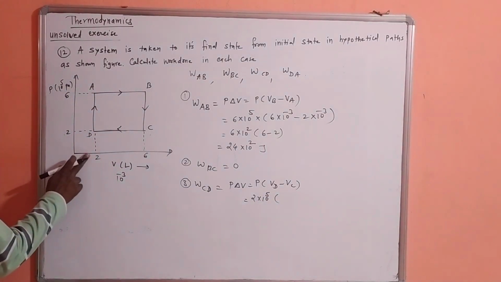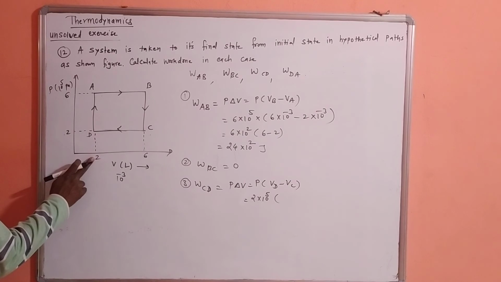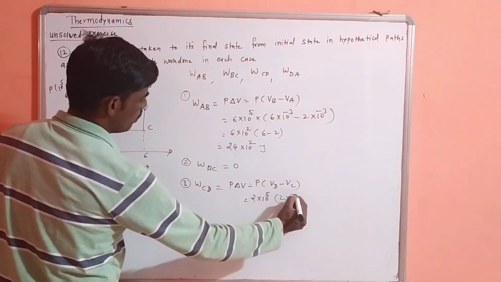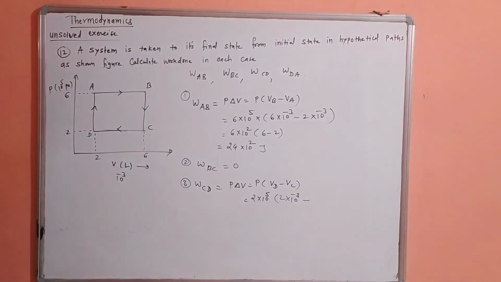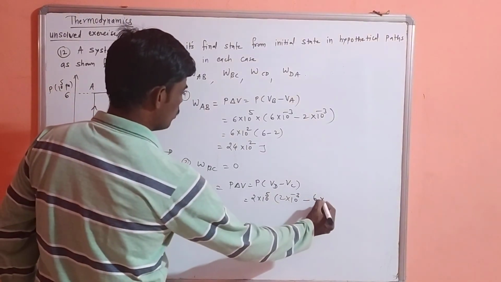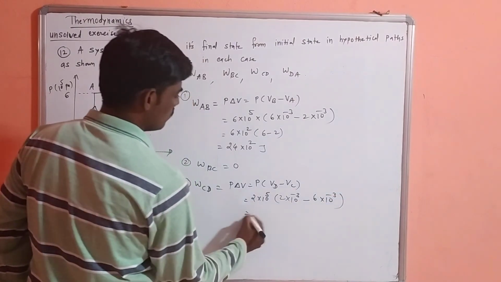VD is 2 into 10 raised to power minus 3, and VC is the volume at point C, 6 into 10 raised to power minus 3.